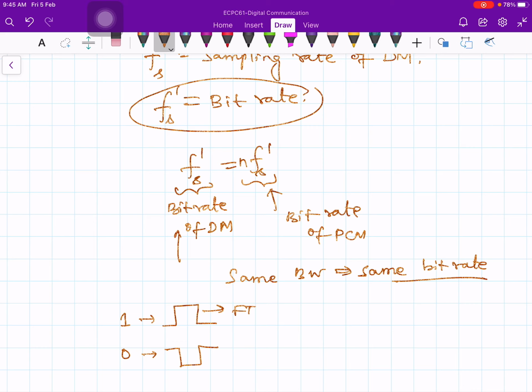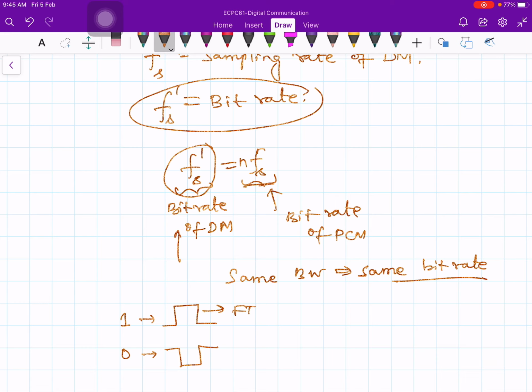Therefore, this fs suffix prime is, I am sorry, this is not prime, this is fs. Fs prime is equal to n times fs. Therefore, the bit rate of the delta modulator should be equal to this one.